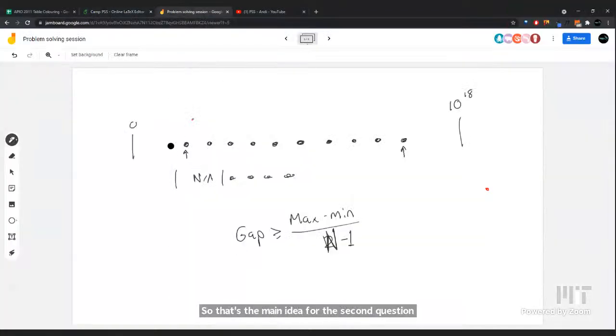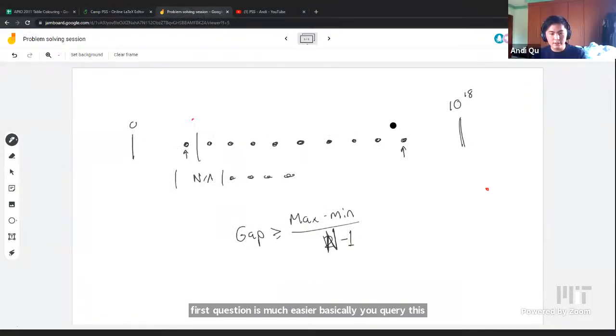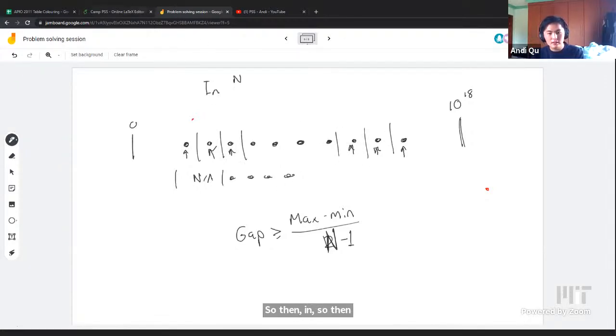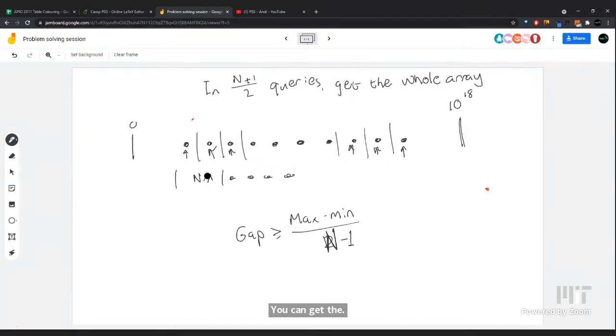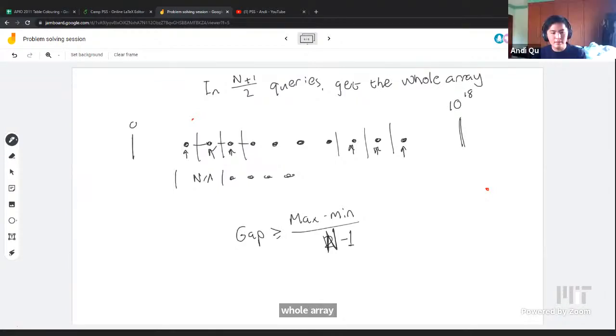The first question is much easier. Basically, you query this and this, and you get the endpoints. Then you query this, you get these, and so on. So in n plus 1 over 2 queries, you can get the whole array, and using that, you can just find the largest gap between them.